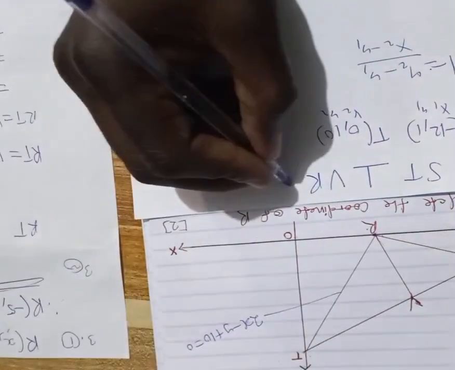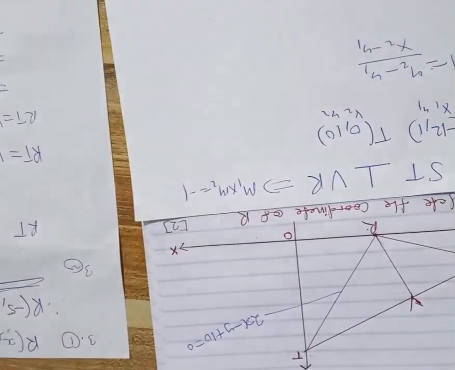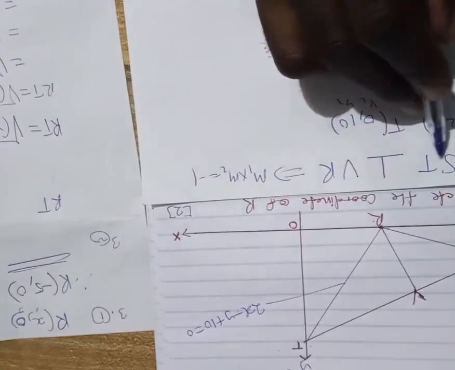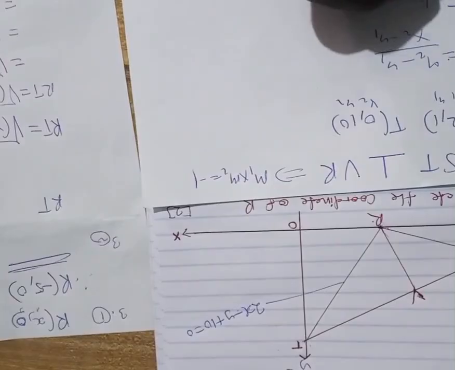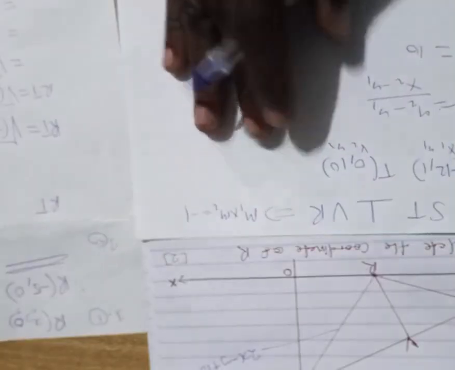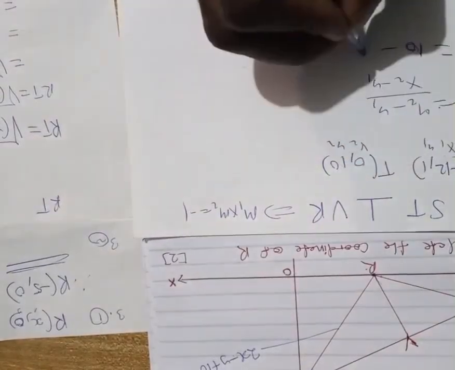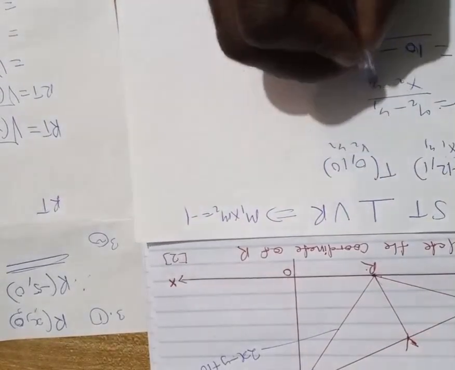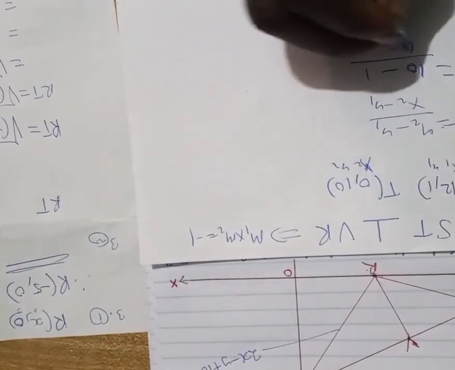You are trying to use, for perpendicular lines, you know that m1 times m2 is equal to negative 1. You're trying to use this formula. So we need to have the gradient m1 for ST, because the coordinates of S and T are given. So what is y2? It is 10. y2 is 10 minus y1 is 1, over x2 is 0 minus x1 is negative 12.